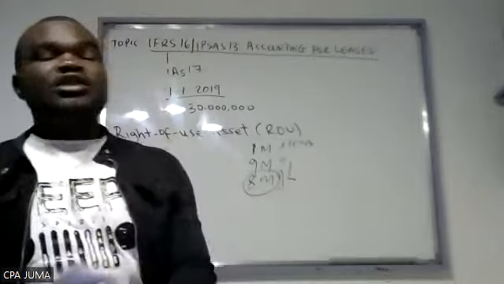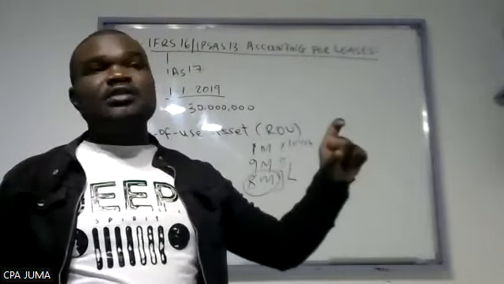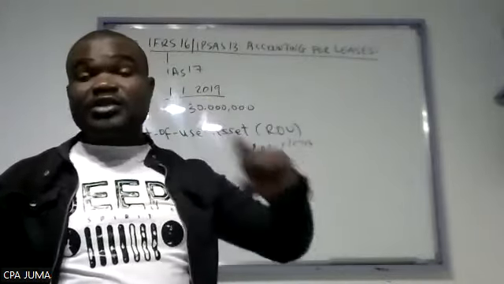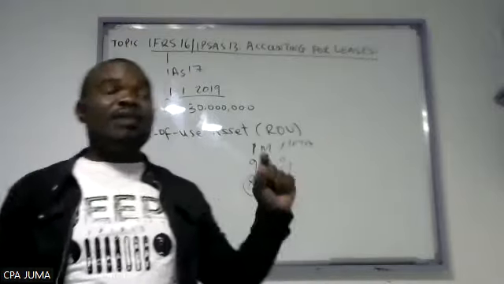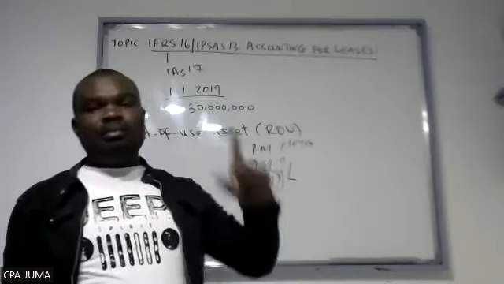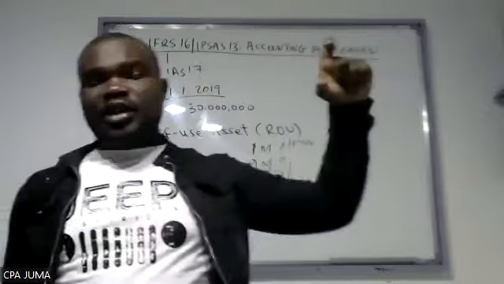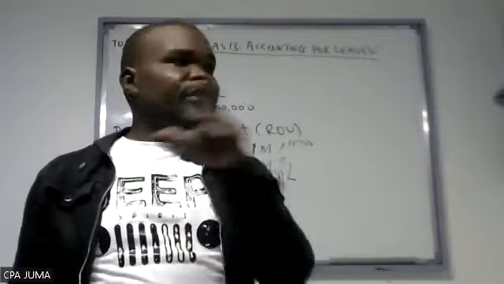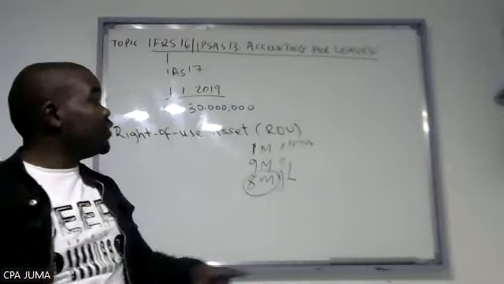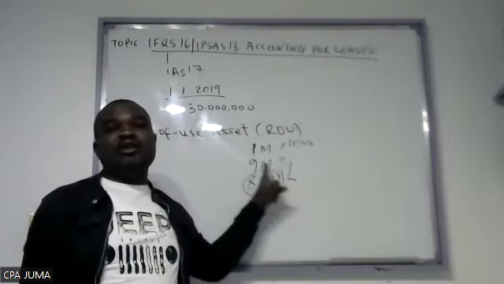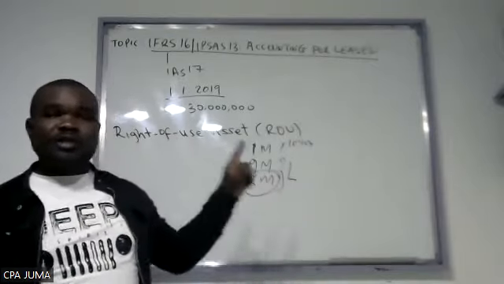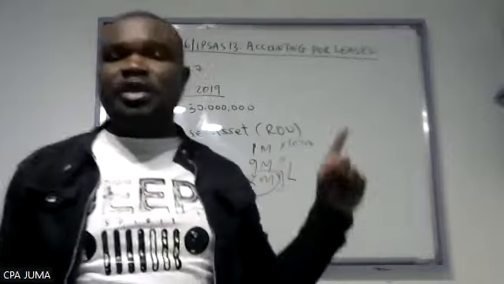So once you discount your installments, there is the market value. You compare the discounted installments vis-a-vis the fair value, and we go for whichever value is lower. Prudence concept does not require overstatement of assets.